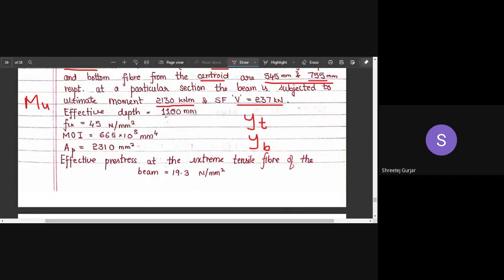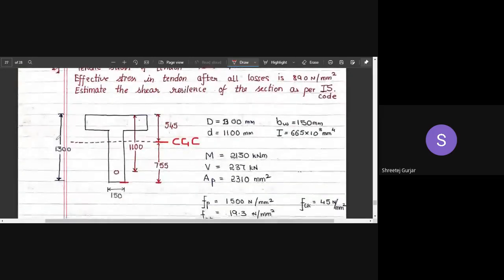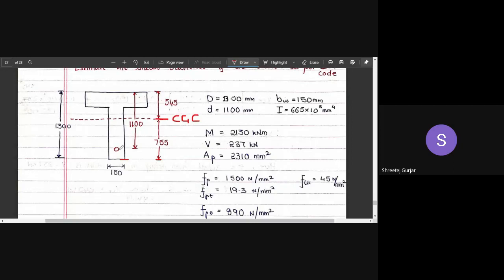Effective depth, small d, is also given. Let me show you in the figure where small d is. This is your small d, the distance from your top fiber to the CG of the pre-stressing cable. This is the effective depth, 1100 mm.